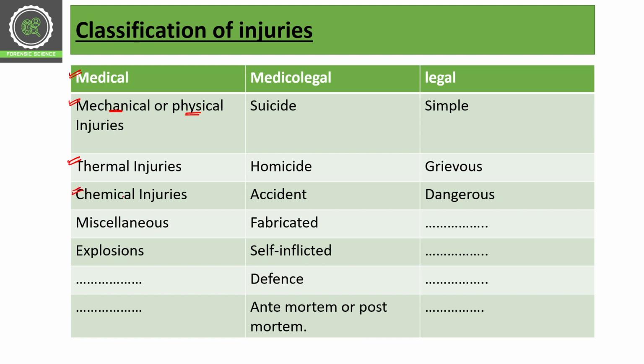Then we have chemical injury. Recently, as you all know, there was a chemical attack, or you can say an acid attack, in Delhi. That type of injury, even though it is a burn injury, burns because of chemicals, but if someone is using a chemical, it will be categorized under chemical injuries.